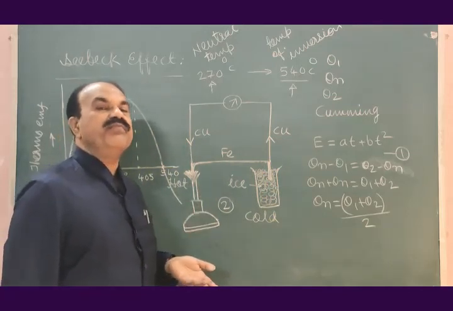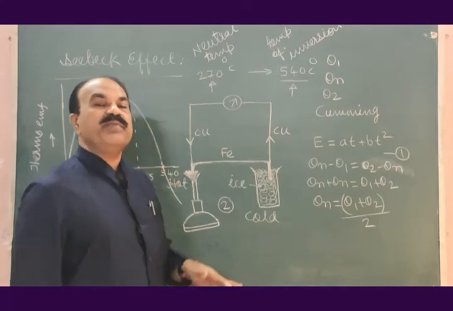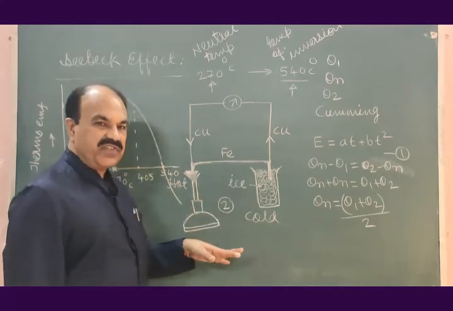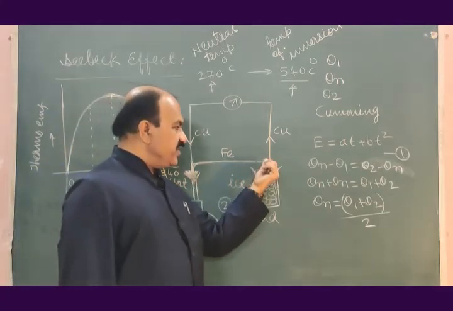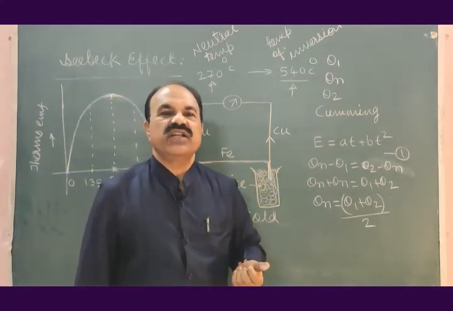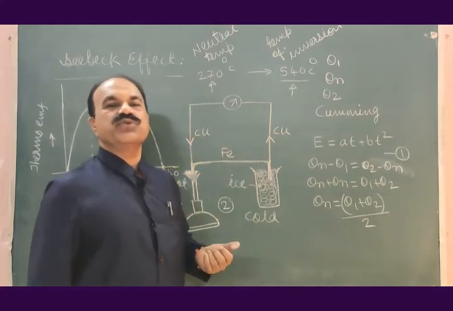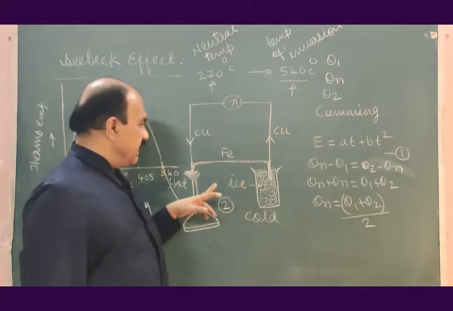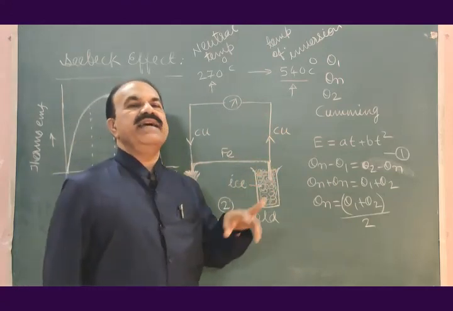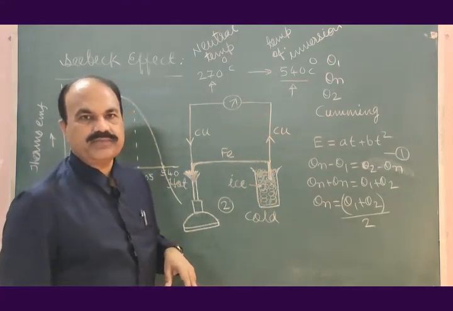Because of the existence of this potential difference at the hot junction and at the cold junction, current flows from one metal to the other at this junction as well as this junction.